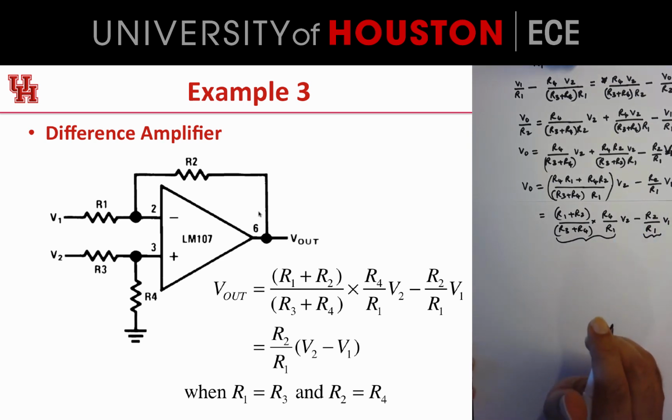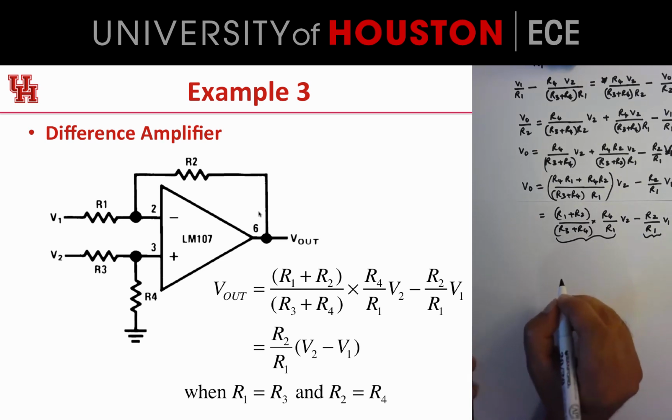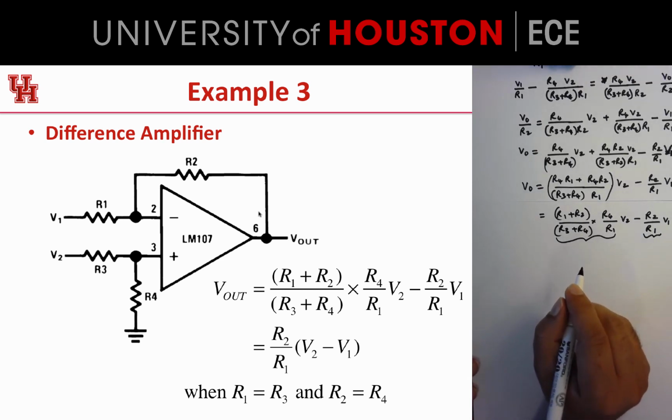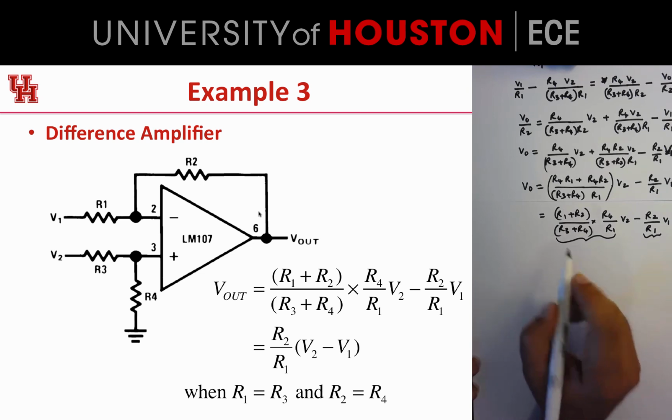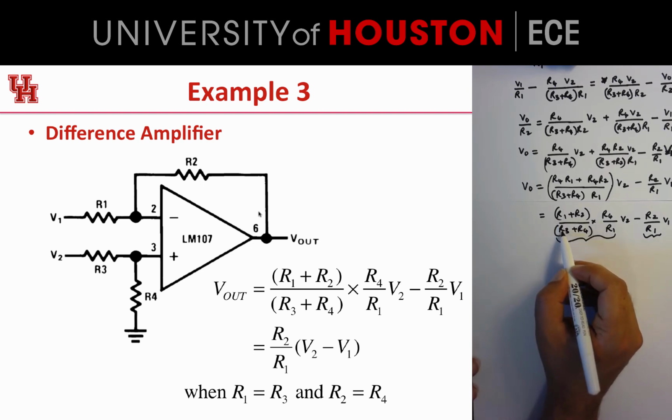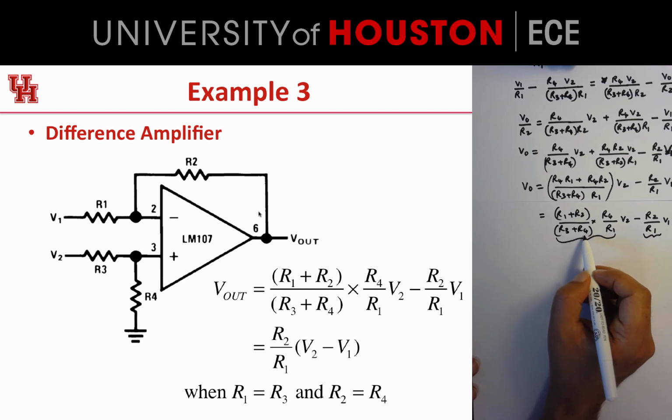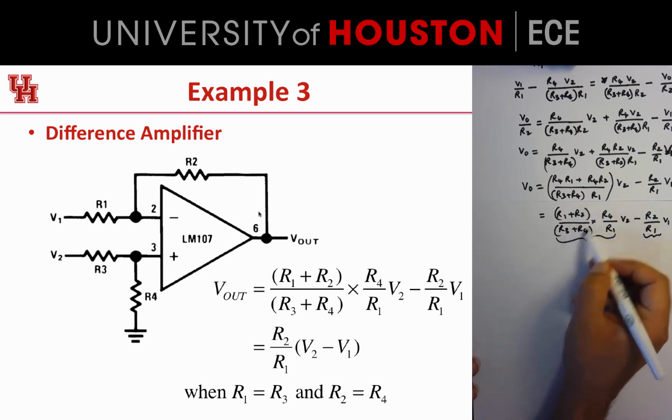So one way to do that is to say R1 equals R3. If R1 and R3 are the same, and if R2 equals R4, then this whole ratio goes away.